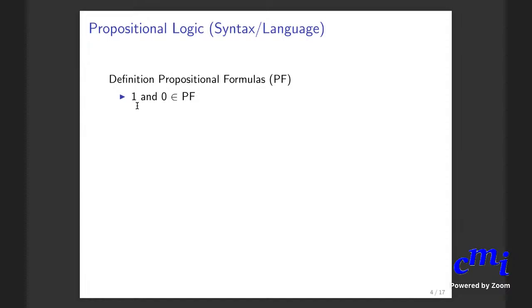So there are two constants I'm introducing as part of this language, 1 and 0. They belong to this set of formulas. And for some finite set of atomic propositional variables belonging to the set Vars, each element is also a formula.